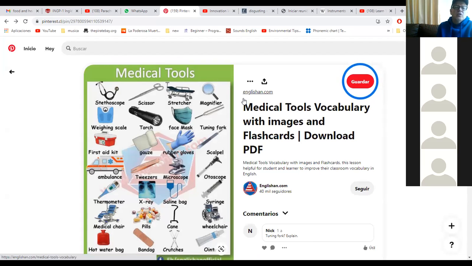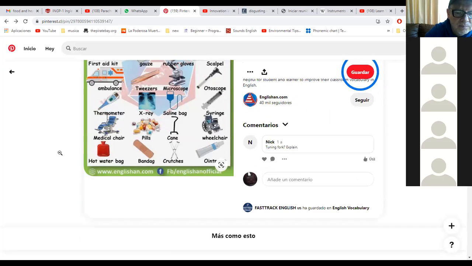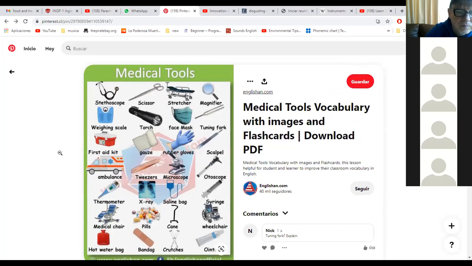Gracias. Okay, here we have a little expansion of the topic of medical tools with simple vocabulary, basic vocabulary related to this topic. So what we're going to do is very simple. We're going to go one by one.